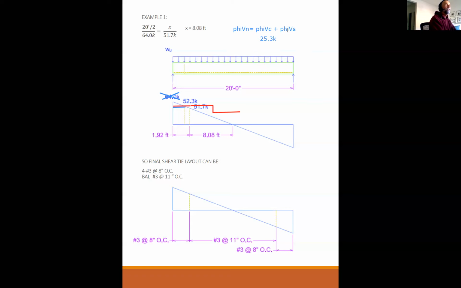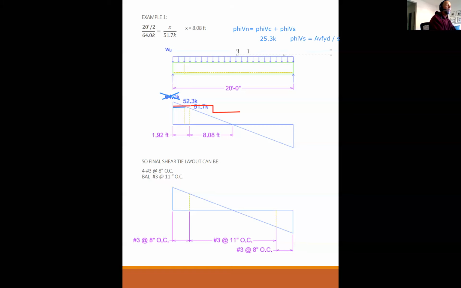But phi Vs does change. Phi Vs is equal to Av fy d over s. So as I change s, as s gets bigger, phi Vs gets smaller, right?